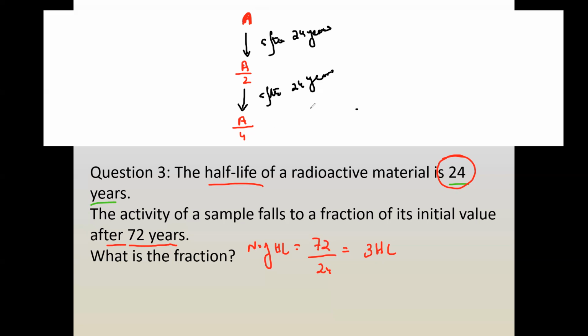Then after a further 24 years, what will the amount be? It will be half of A by 4. What is half of A by 4? That is A by 8. So what fraction are we left with? We are left with A by 8, or 1 by 8 of the original.